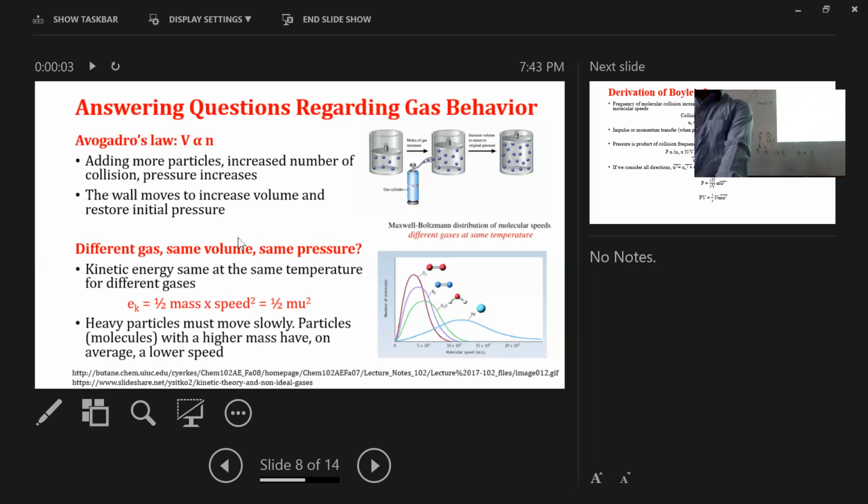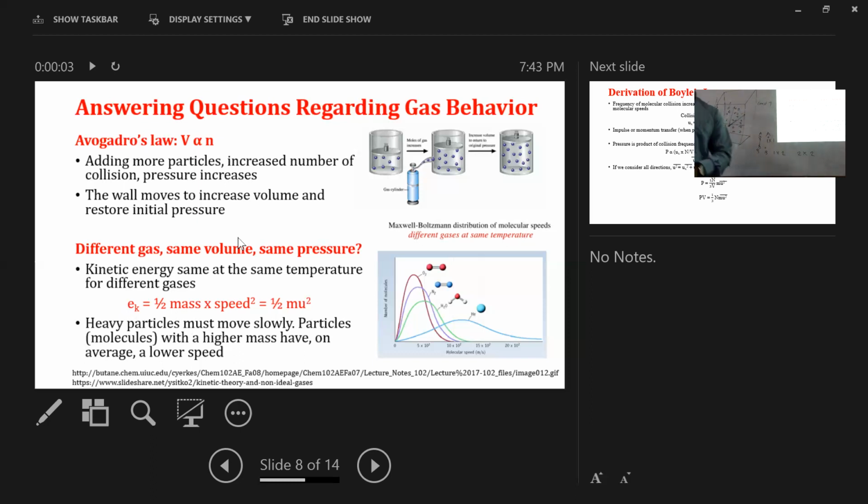Now, if I try to run and you try to run, then you can have much faster speed compared to me. That is the idea. That means kinetic energy is not only related to the molecular mass, it is also related to the velocity or speed.